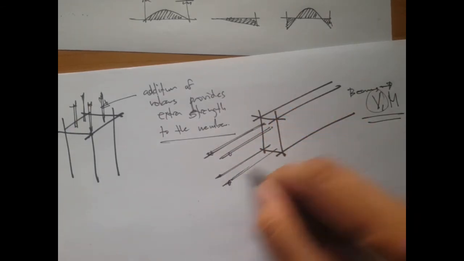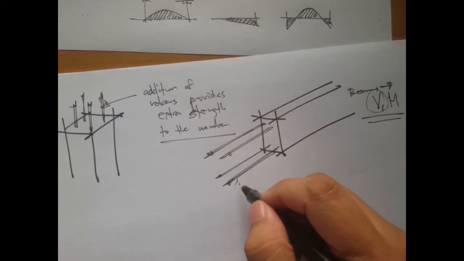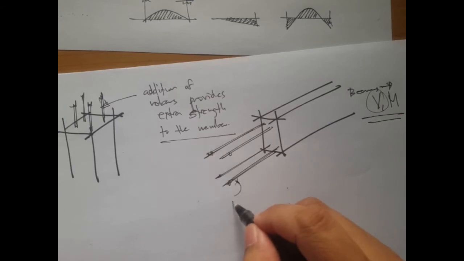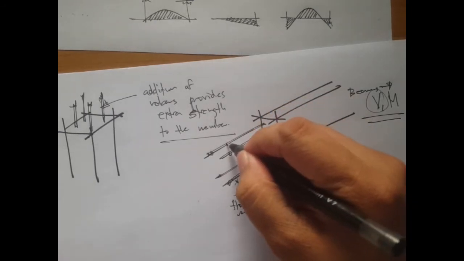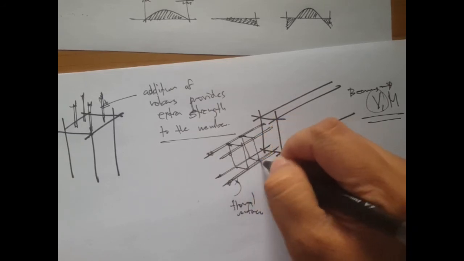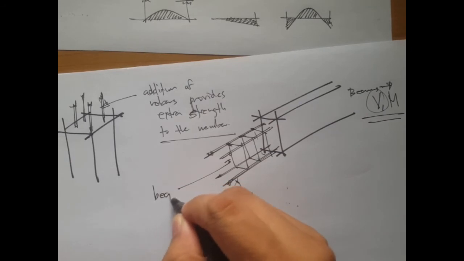The ones here, I already introduced to you. These are the flexural reinforcements, but there's also another type of reinforcement that's present in the beam. This is called the beam stirrups.